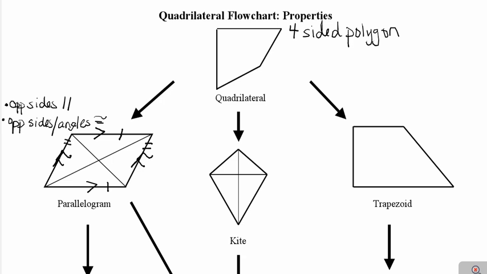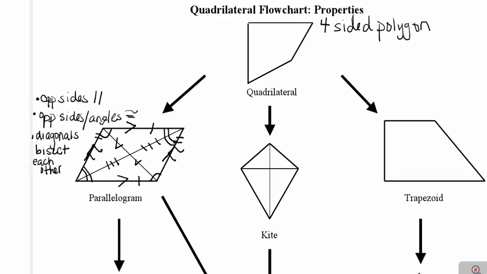And we know that opposite angles are congruent. So I'm going to put tick marks on the diagonal angles and then put a different kind of tick mark on the other two opposite angles. We also know in a parallelogram that the diagonals bisect each other. So I'm going to put the same kind of tick marks here to indicate that the diagonal's been bisected, and this one also.